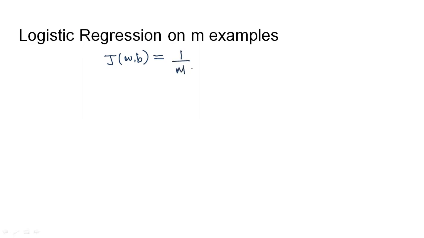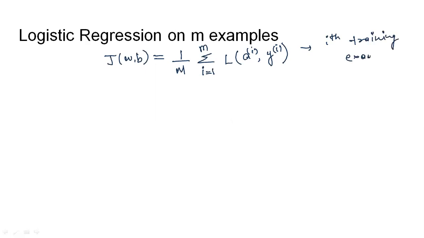That is 1 upon M, the average over the M training examples, summing from I equal to 1 to M. And here is our loss function, which we define over the ith training example. So this is the notation that I would write: L of a of I comma y of I, because this corresponds to the ith training example.